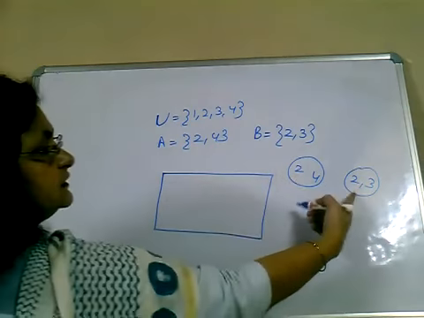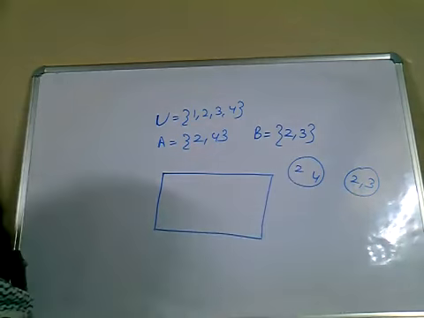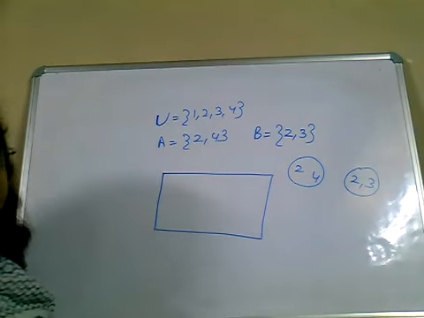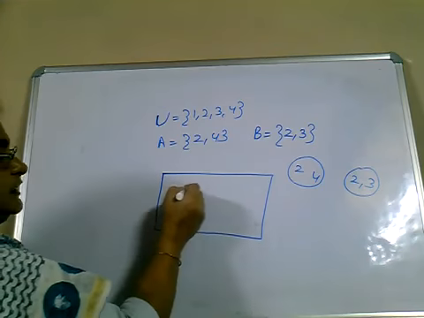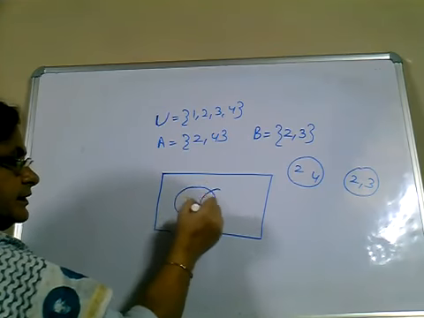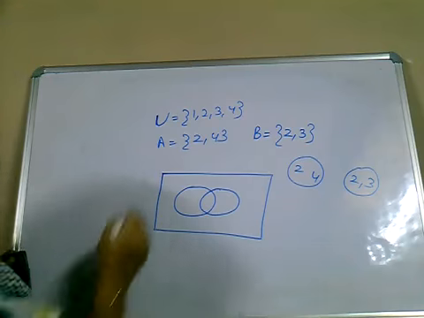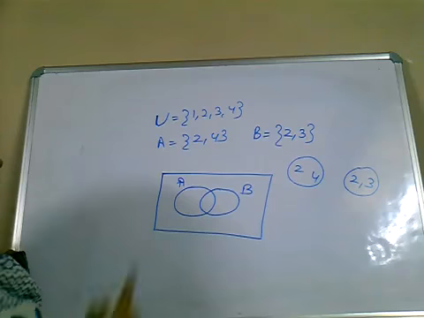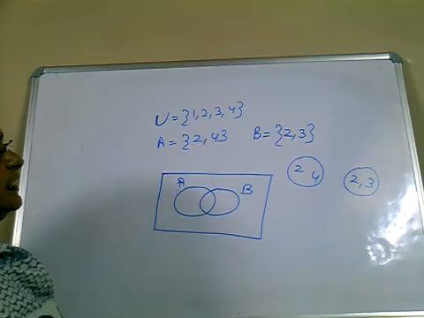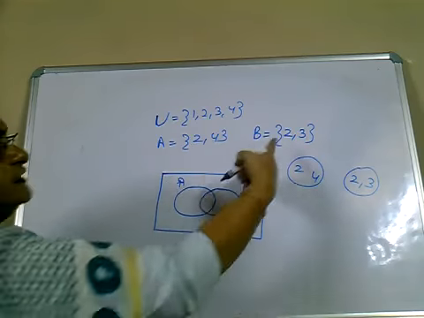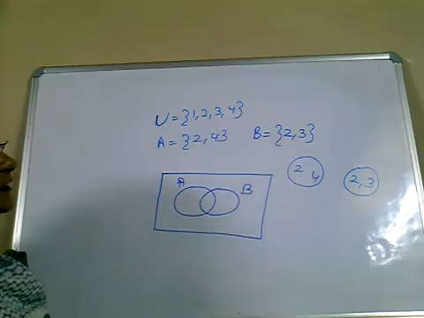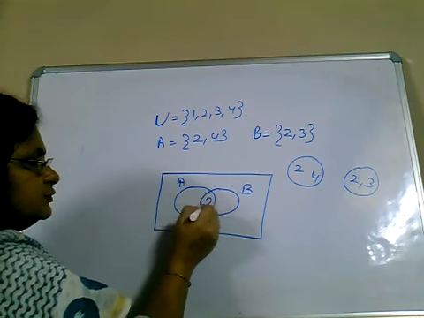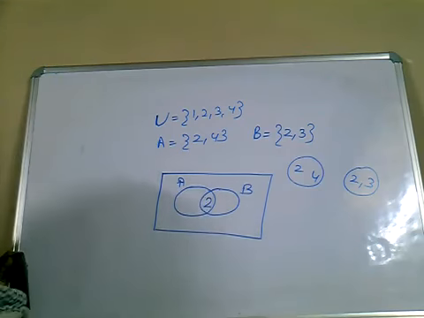It means 2 is common in both. So how will we represent when some elements are common? We can represent it by this. This is set A, this is set B. Now in set A we have 2 and 4, and in set B we have 2 and 3. It means 2 is common. So this is the common portion, we can write it here.